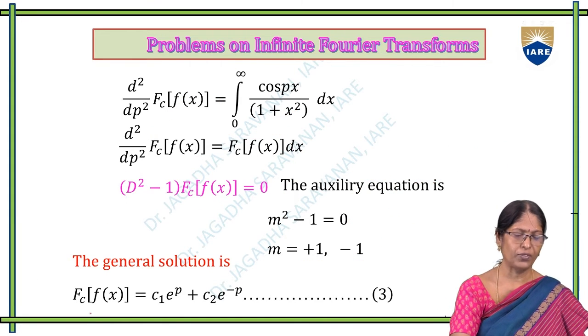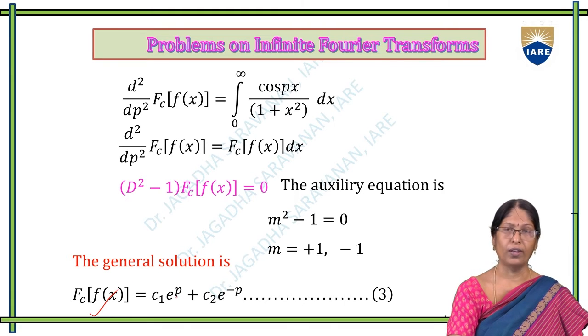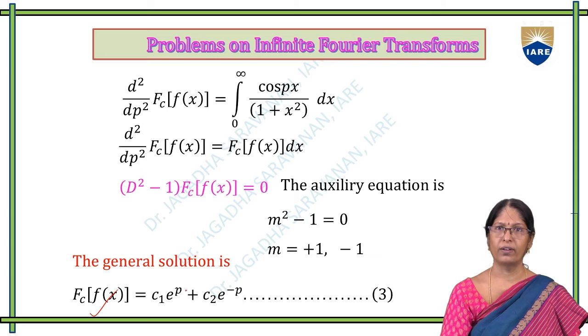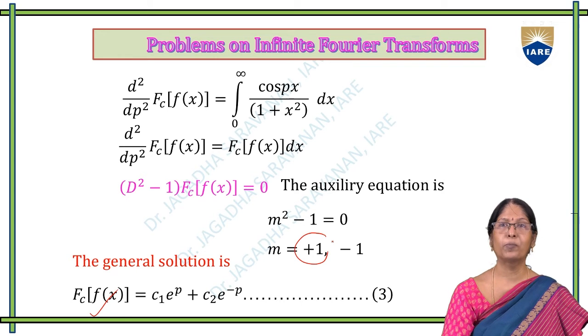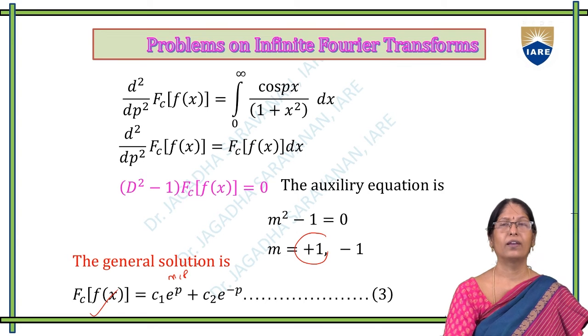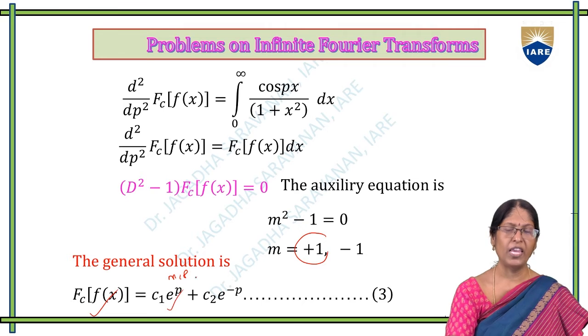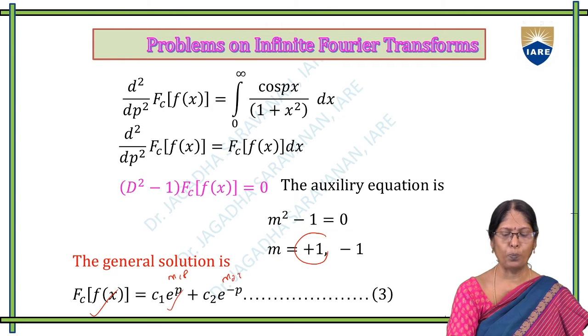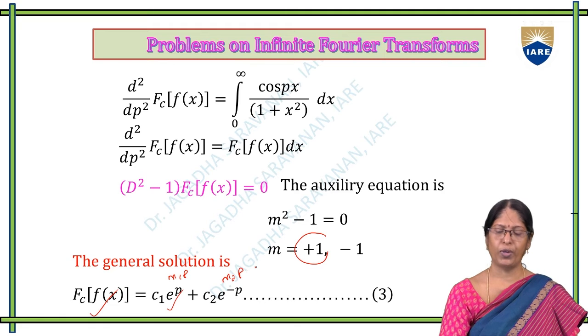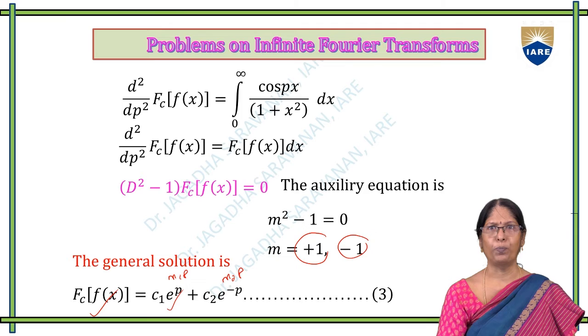So Fc of f of x equal to c1 e power m1 p. Our m1 is plus 1, so 1 into p is written e power p. In this place, m2 p, our m2 is minus 1, so minus 1 into p.